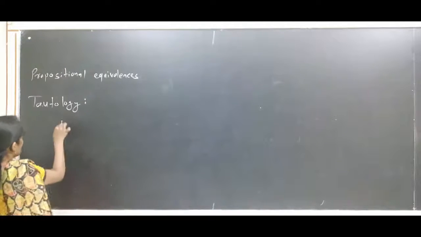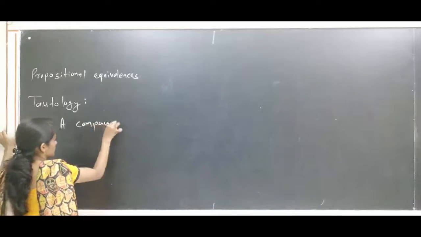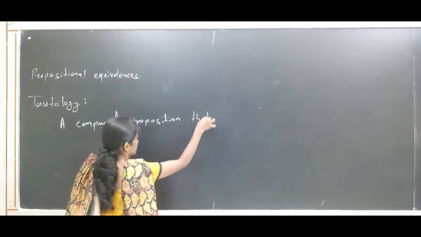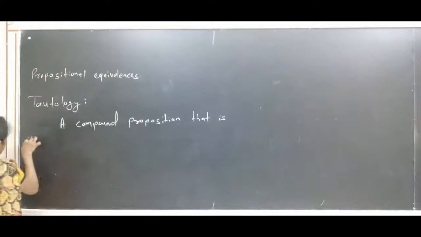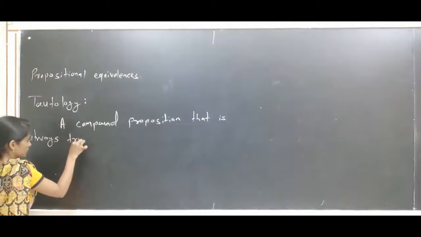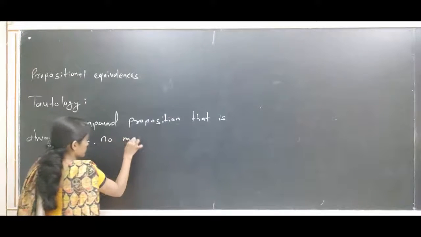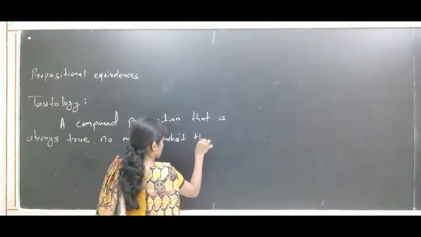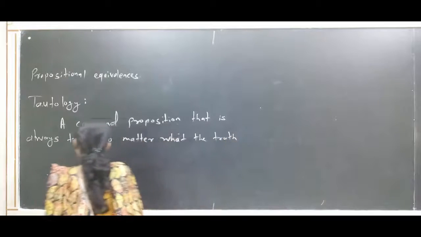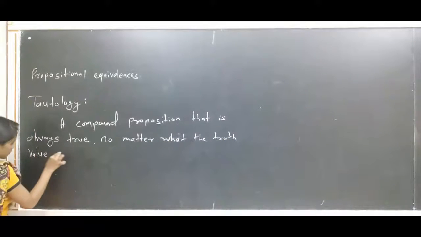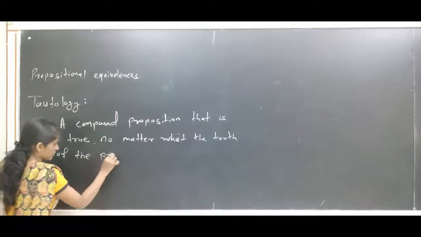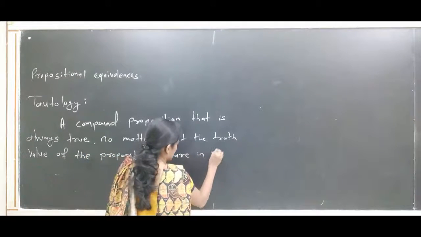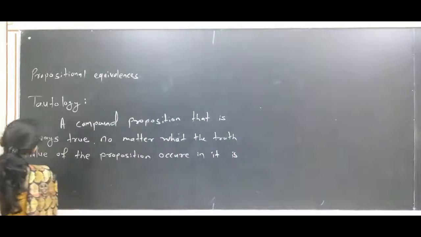So, a compound proposition that is always true, no matter what the truth value of the propositions occurring in it, is called a tautology.